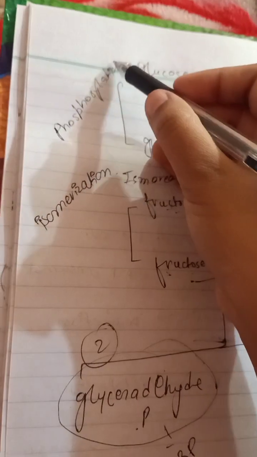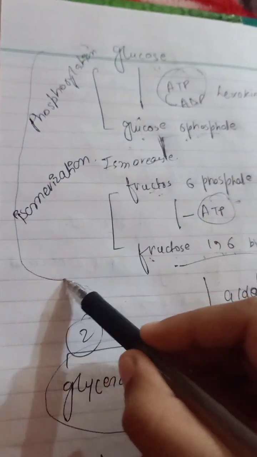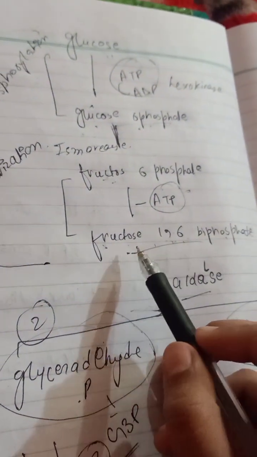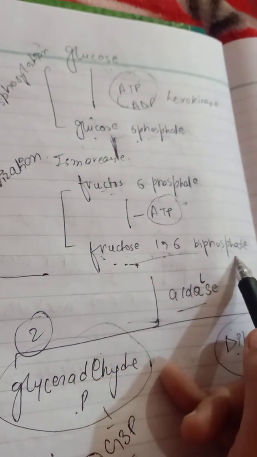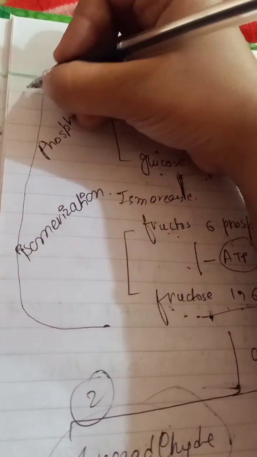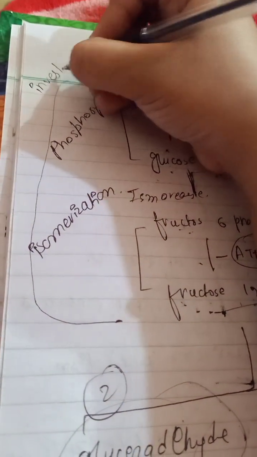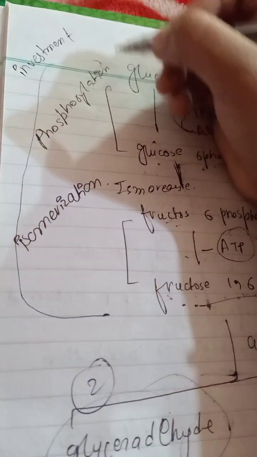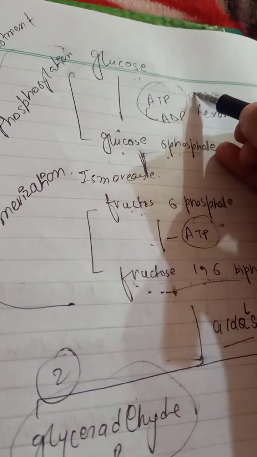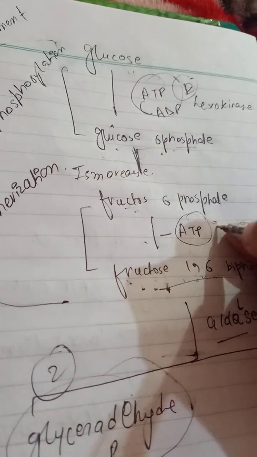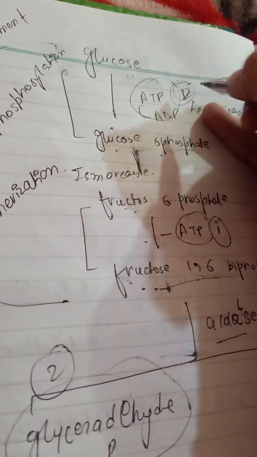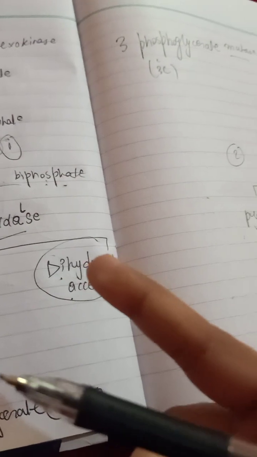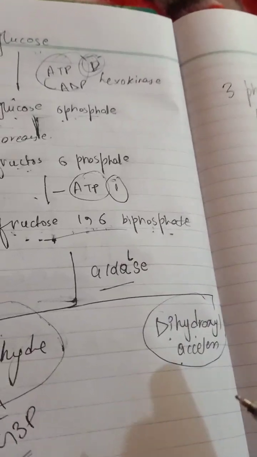So this process, up till fructose 1,6 bisphosphate, is called the investment process, or you can say the preparatory process, where 2 ATP, one here and one here, are consumed. So the total ATP formation will be 2.